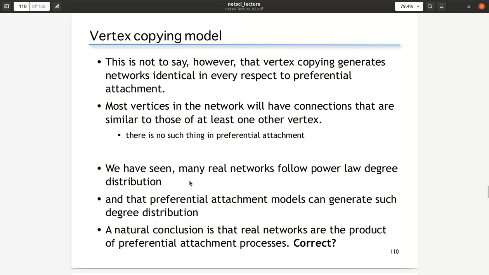On the other hand, we have seen by examples that many real networks follow power law degree distribution, and the preferential attachment models can generate such degree distribution. So basically, we can maybe conclude that real networks are products of preferential attachment processes. Whether this is correct or not is of course debatable. Well, I think this is not correct, but that's my point of view.